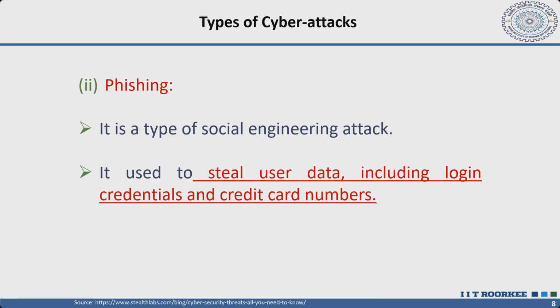Someone else has sent such emails. This is known as a phishing type of attack. The major objective of this attack is to steal information like data, maybe the credentials of your credit cards, or maybe UPI, from your system or from your cell phone.